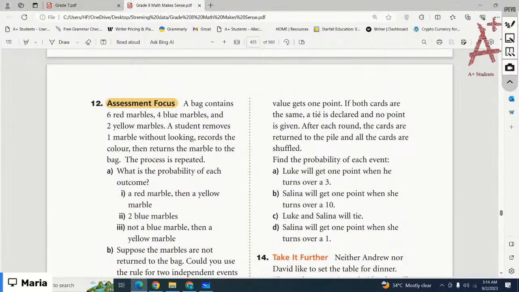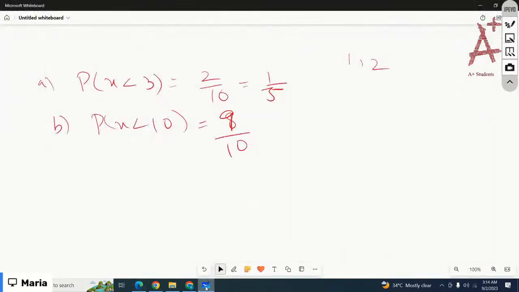The next one is Luke and Selena will tie. A tie is in the case if both cards are the same. For the C part, they have the same cards. For example, probability of x and probability of x.